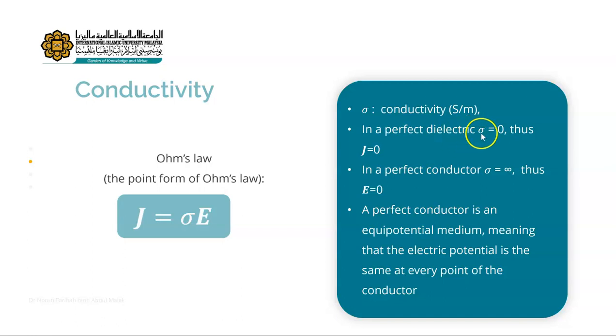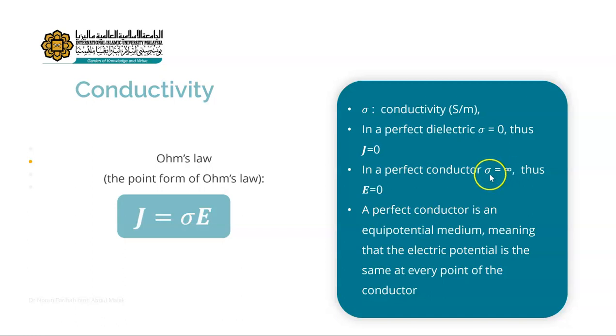In a perfect dielectric, the conductivity is equal to 0. This is the opposite of a conductor. When the conductivity is 0, J is equal to 0. But in a perfect conductor, the conductivity is equal to infinity, as high as possible.